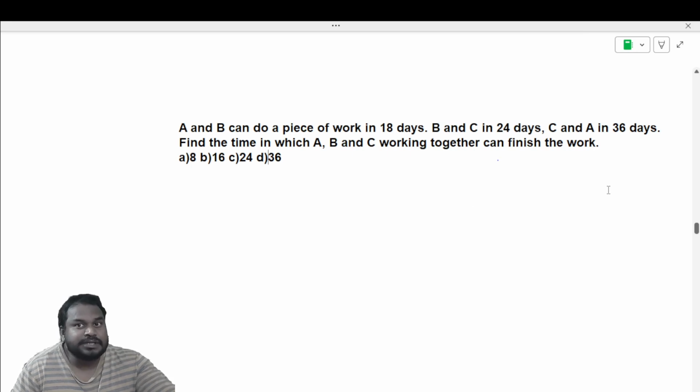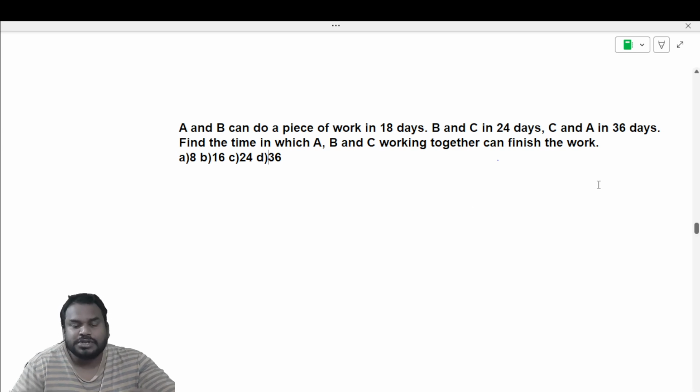If a person can do a work in n number of days, then his efficiency will become 1 by n. So efficiency is nothing but the amount of work he can do in one day. So the time taken by any person to complete a work is reciprocal to his efficiency.